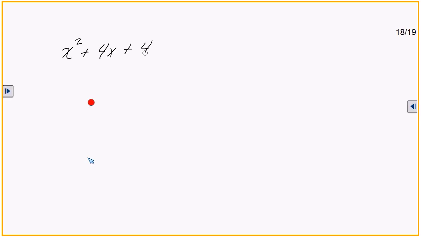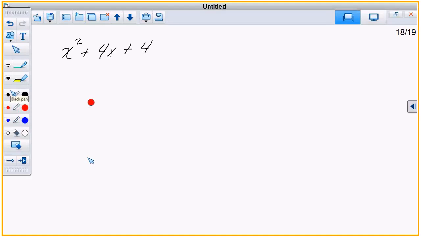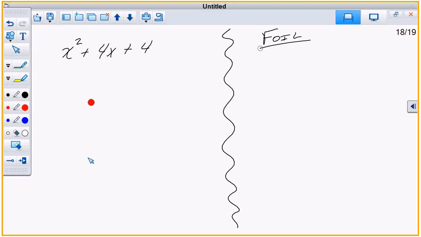So you've got to first draw 2 sets of parentheses, because when we started, I'm just going to do a FOIL method. This is what we did when we multiplied, and we know that multiplying is the opposite of division, and division is factoring.